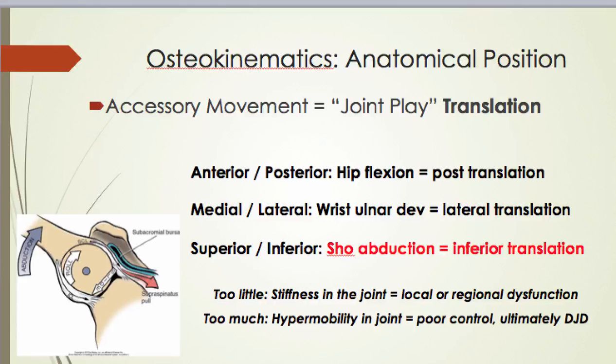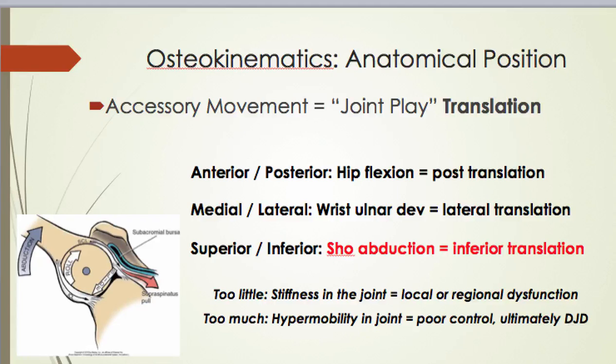If they don't move enough, if they don't have proper translation, proper joint play in them, then the glenohumeral joint will be overused or underused. Overused. However, if we have too much joint play or translation in a joint, it leads to hypermobility within the joint, poor neuromuscular control, and ultimately degenerative joint disease.